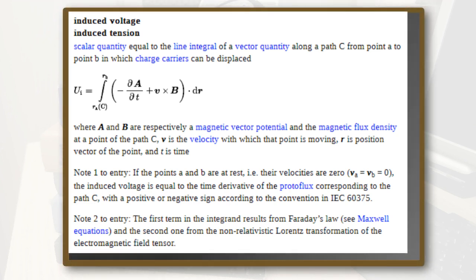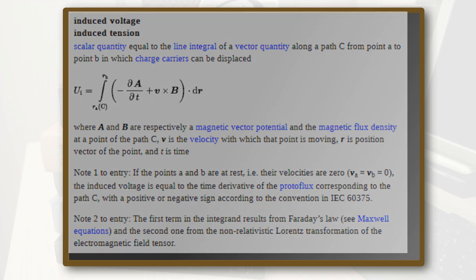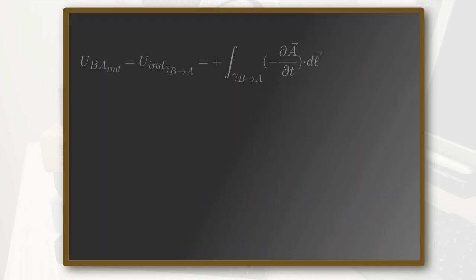If we set the velocity v, that is the circuit velocity, equal to 0, we get the following definition for the induced voltage for a stationary circuit, which is U induced is equal to plus the line integral over gamma from B to A of the quantity minus dA/dt dot dl.